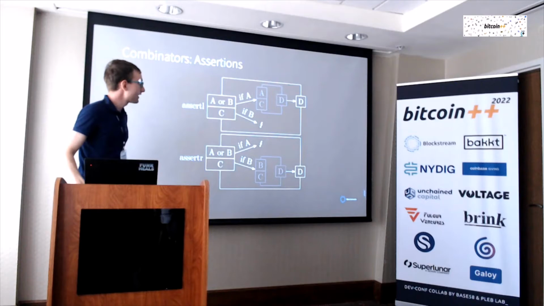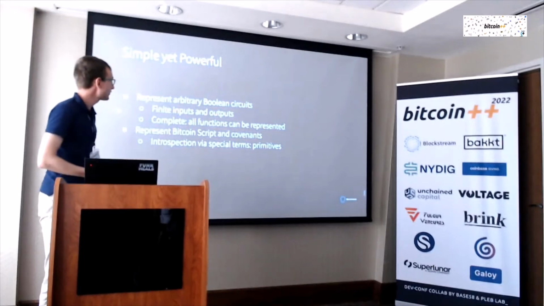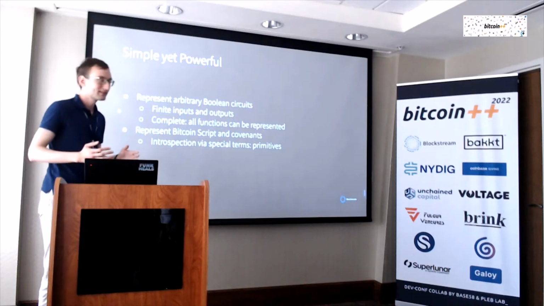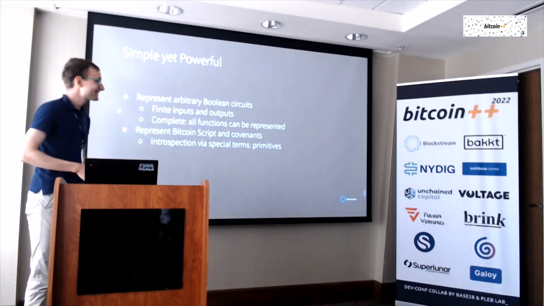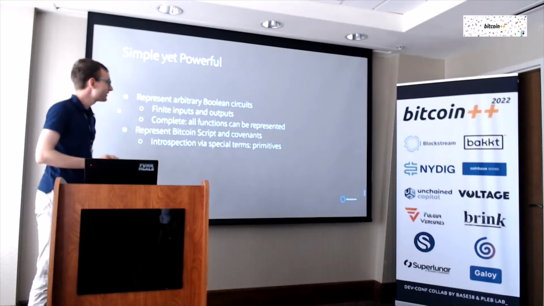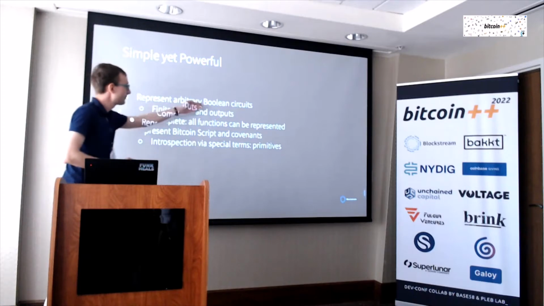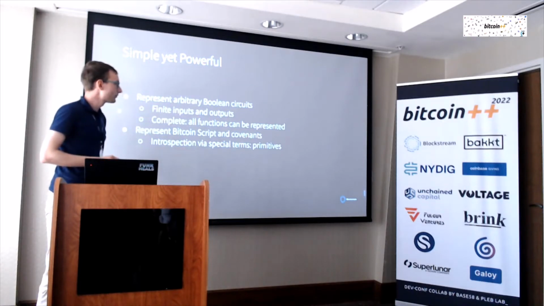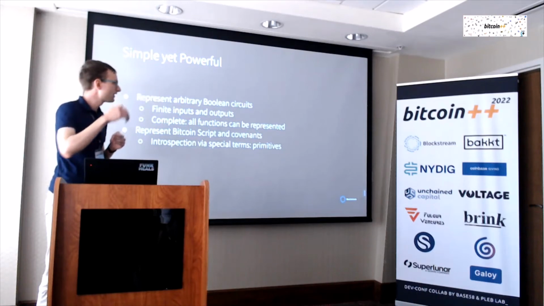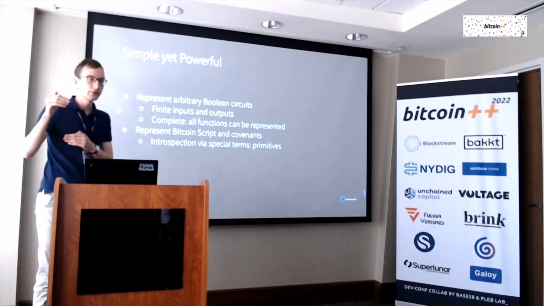Okay, that's it. Those are all the combinators of Simplicity, not many, and I hope you agree that this wasn't rocket science. And no mathematical notation whatsoever. Very simple. We can represent arbitrary Boolean circuits, and a Boolean circuit takes a fixed number of inputs and produces a fixed number of outputs.